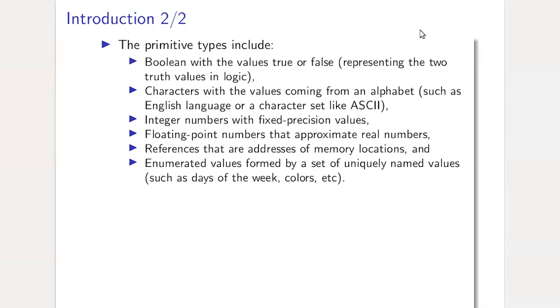Okay, so let me repeat again the important aspects of primitive data types. One is we know all the possible values. For example, in Boolean, there are only two values, true and false.